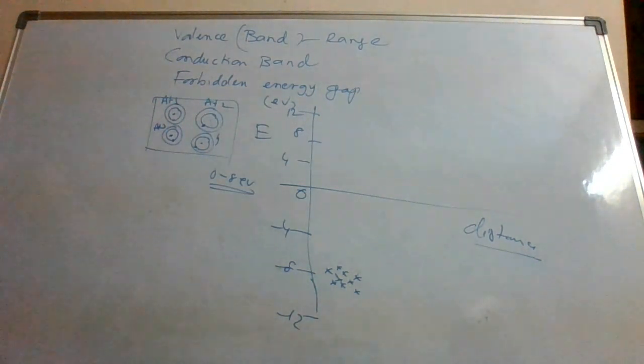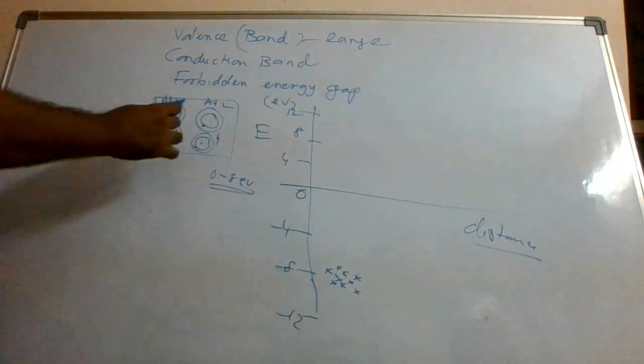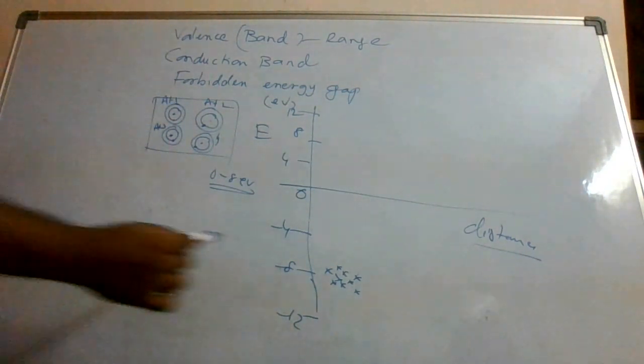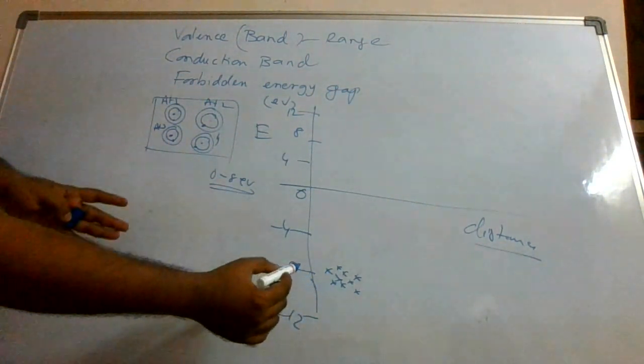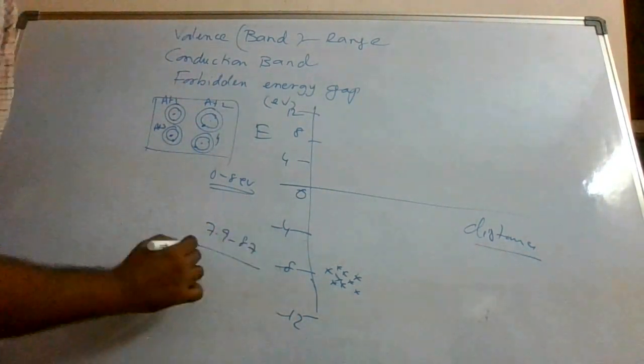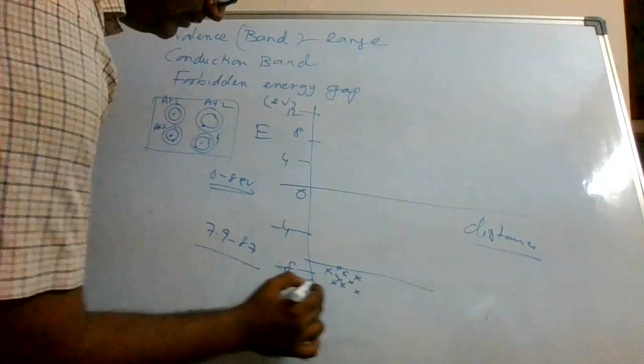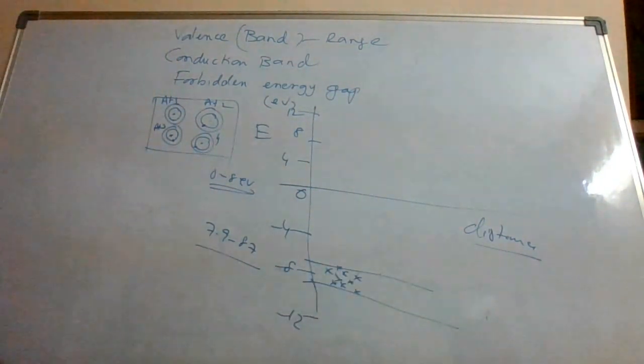This is a particular atom, so they will have a band, let us say from 7.9 to 8.7. It is varying in between, so you just draw a line there. This is called a band, the valence band. Band means range. We are just showing it graphically. So this is our valence band.